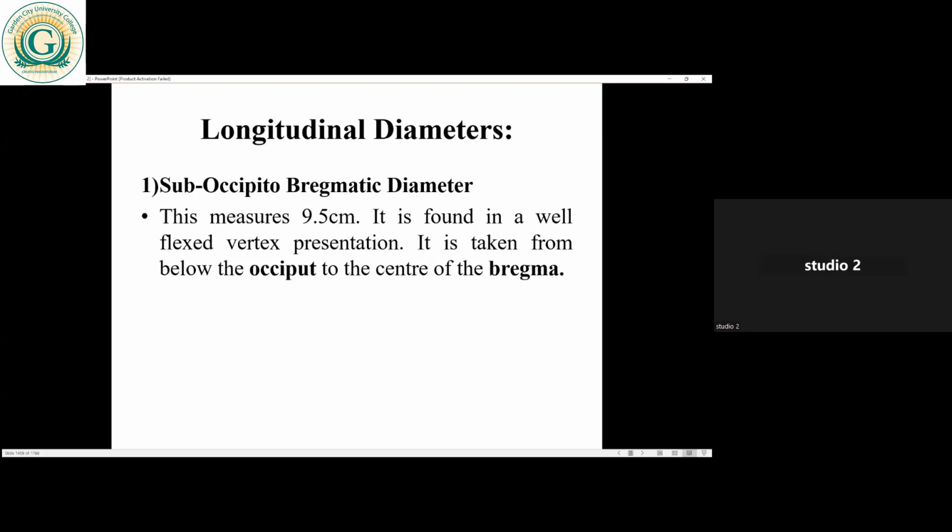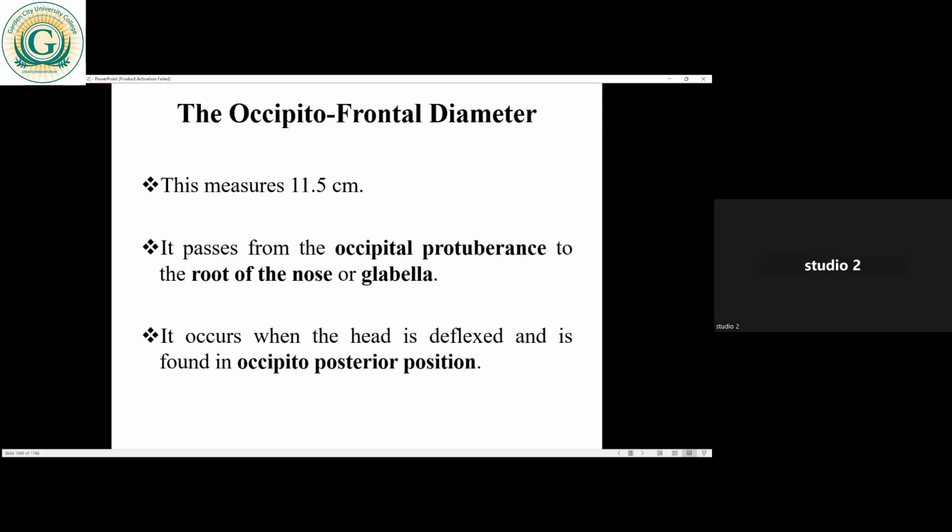The measurement is 9.5. Then we have the occipitofrontal diameter, from the occiput, the back of the fetal skull. That one is 11.5. It passes from the occipital protuberance to the root of the nose or glabella.